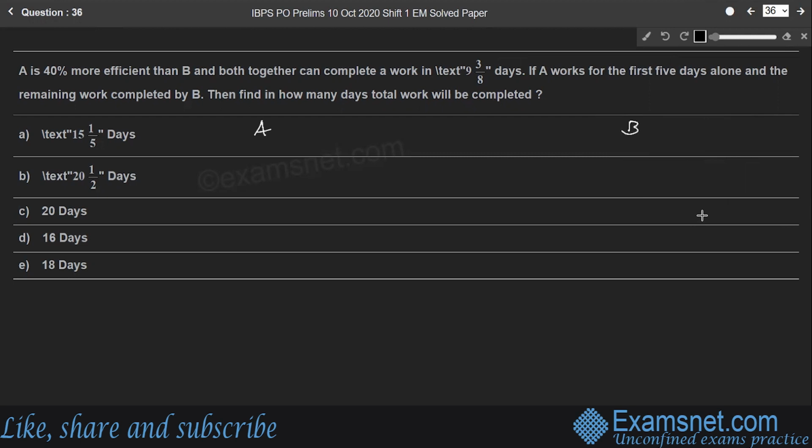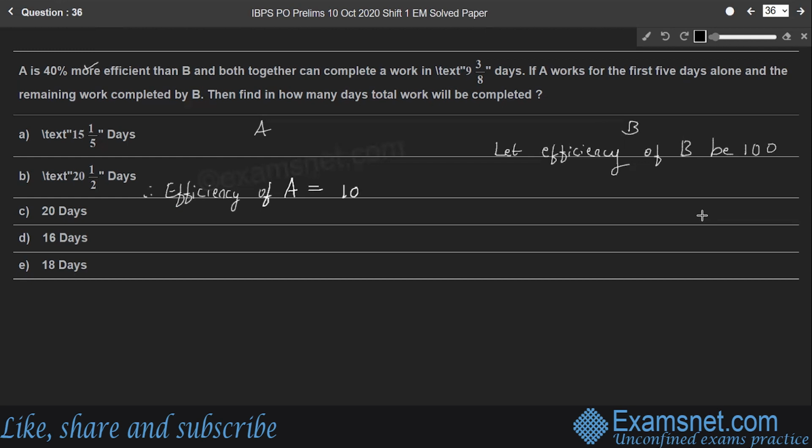Here it is given that A's efficiency is more than B. A is 40% more efficient than B. For your better understanding, I'm considering A and B's cases separately. Let the efficiency of B be 100. Then the efficiency of A is 40% more than B, that means 140, right?